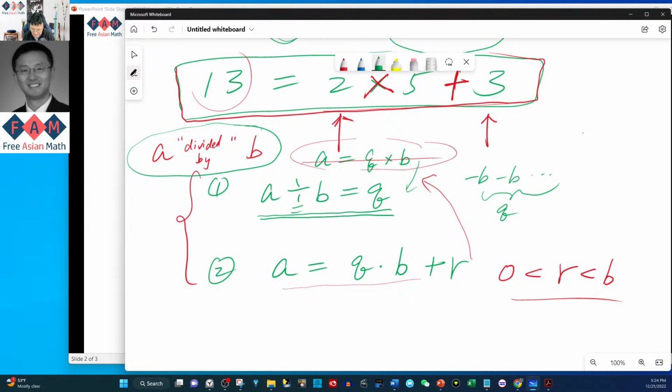First case is that the dividend is actually a perfect multiple of B. In that case, we use this notation or this operation symbol. That means that this makes sense in the context of integers. We have to emphasize everything discussed so far is with the constraint that we are dealing with integers, because that's the only thing we know.